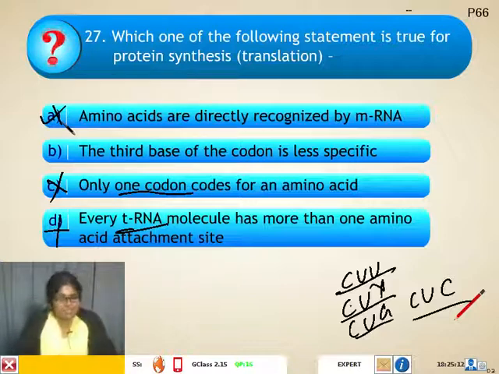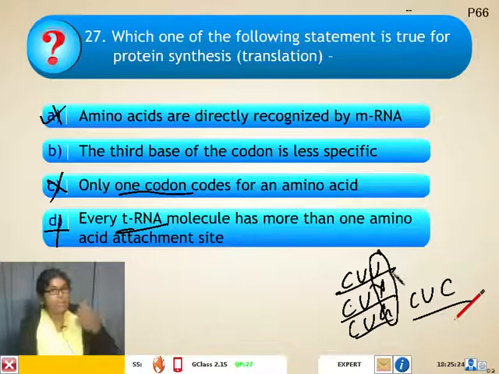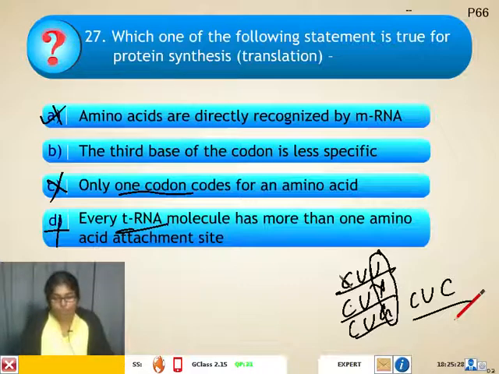So the correct answer is, the third base of the codon is less specific. So in this example, it is because of the third member of the codon. You can see only the third member is changing in every codon, whereas the other two members remain as such. Correct? It's only the third member of the codon that is changing.